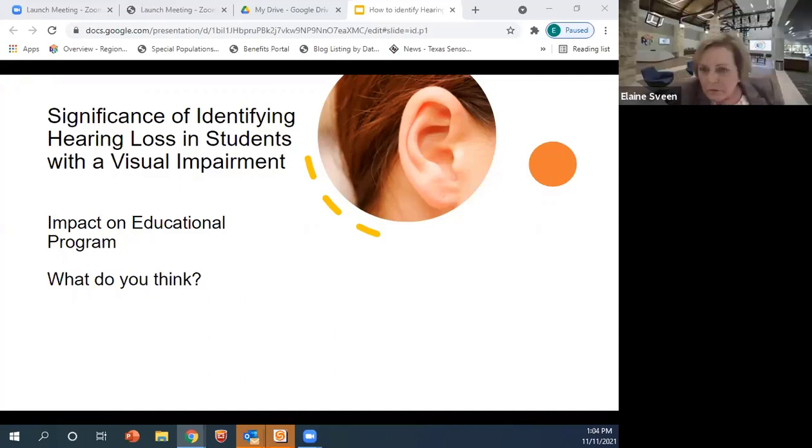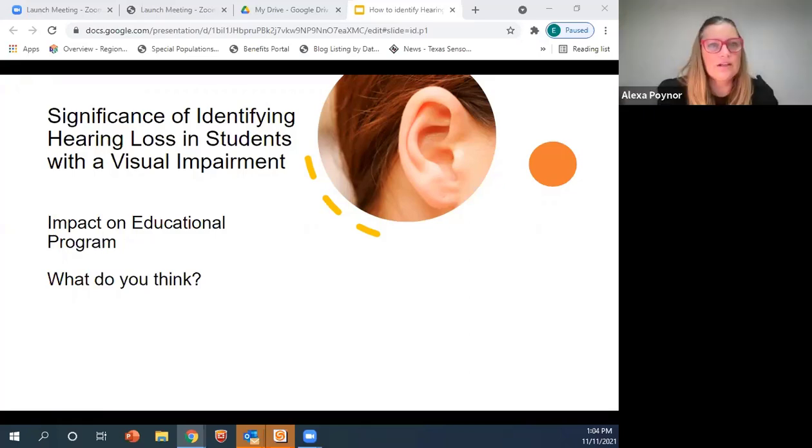No. They don't need to be failing. We just need to recognize there's a need there. And same thing would be with the vision loss. It starts with a concern, right? You've got a concern that you then follow through with, and does it have any connection to the hearing aspect of the student's abilities?